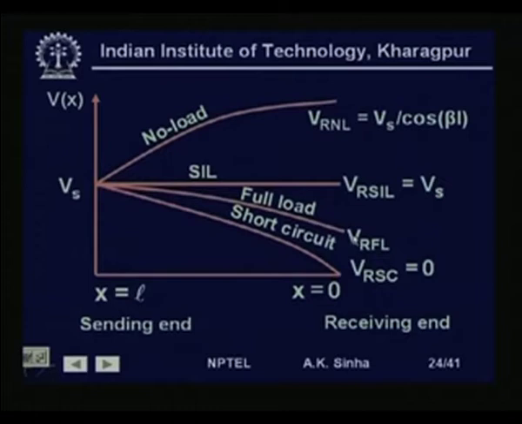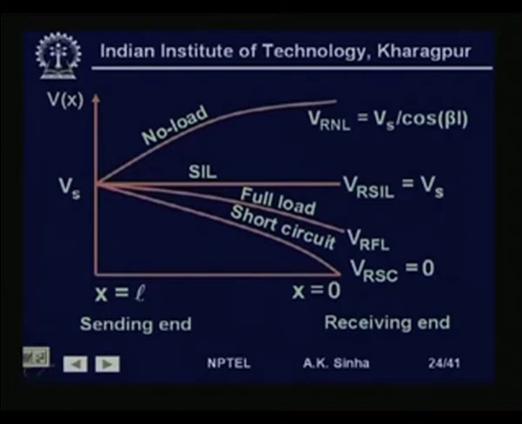Therefore, the voltage for that case is going to be somewhere in between these two conditions, which are the short circuit and the surge impedance loading. There is going to be some voltage drop, and this is what we will find. There is going to be some kind of voltage regulation for this system.